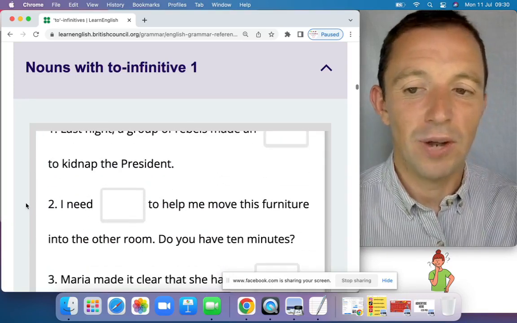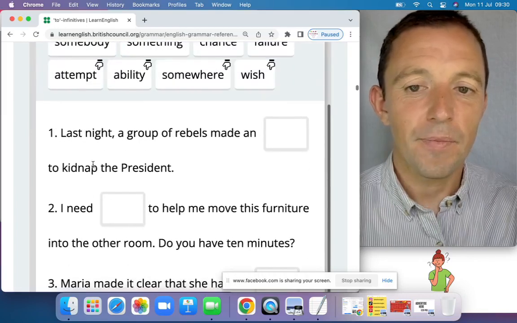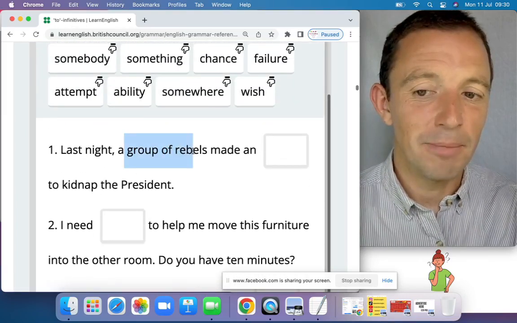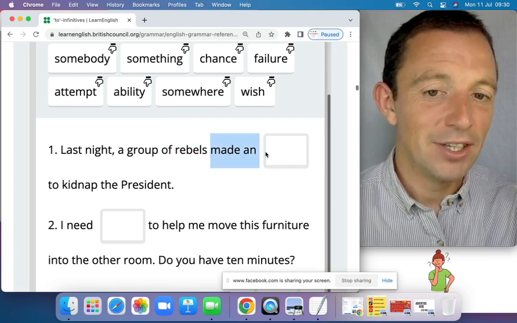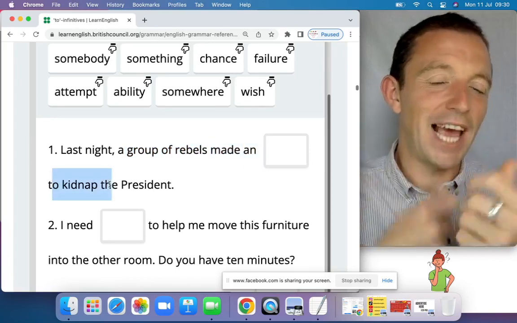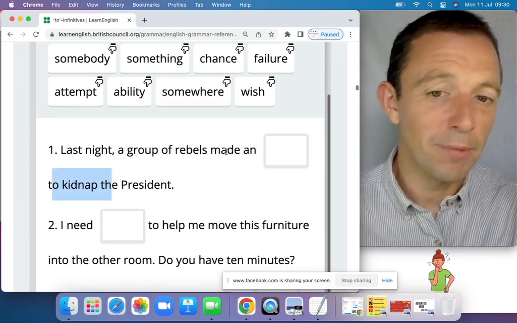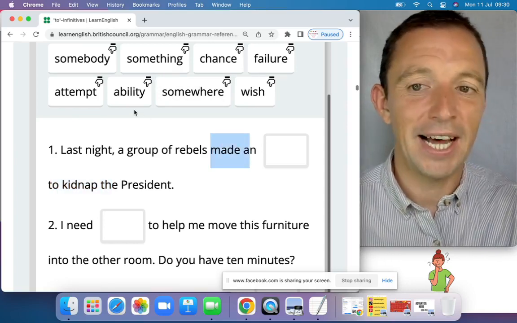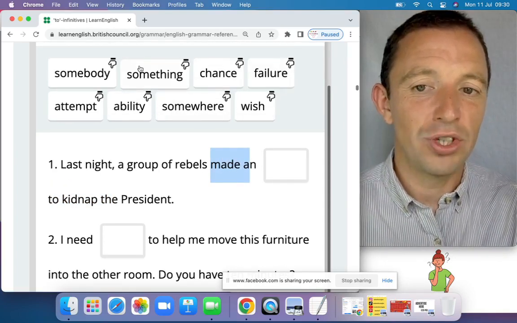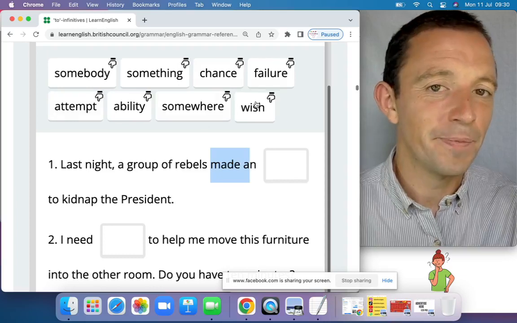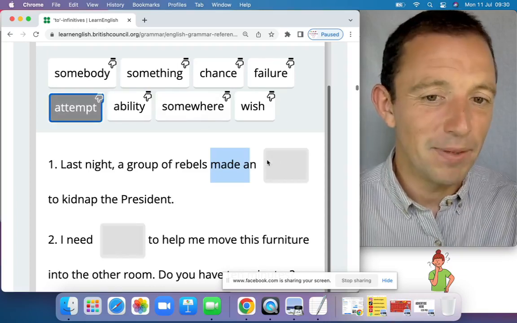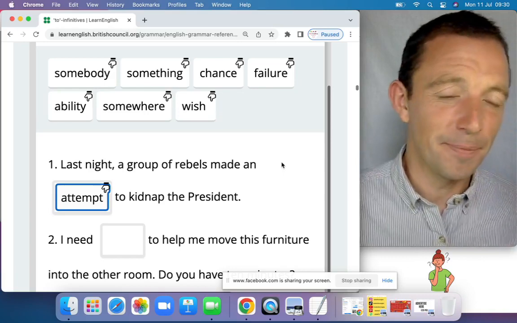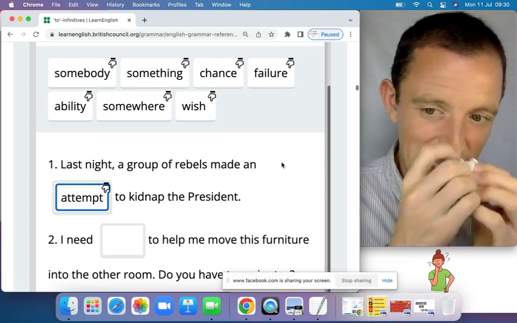Okay, so last night a group of rebels made an something to kidnap the president. What do you think? Attempt. Made an attempt to kidnap the president.